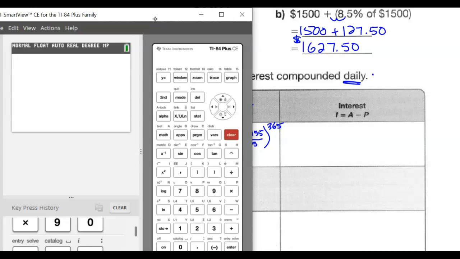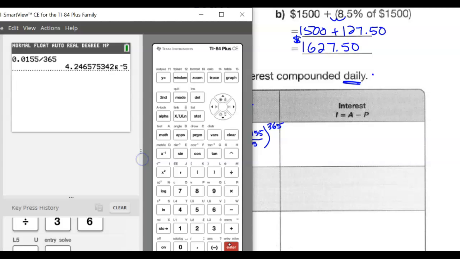Okay, so 0.155 divided by 365. So that's what you would get. Notice how it has an E -5 because it's times 10 to the -5. So it's a lot of decimal places.